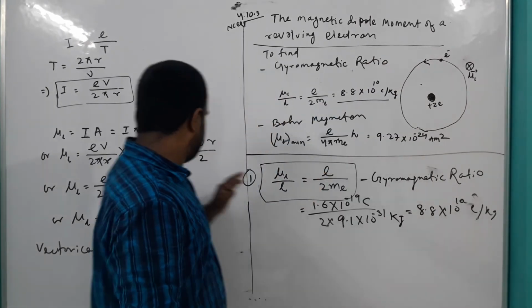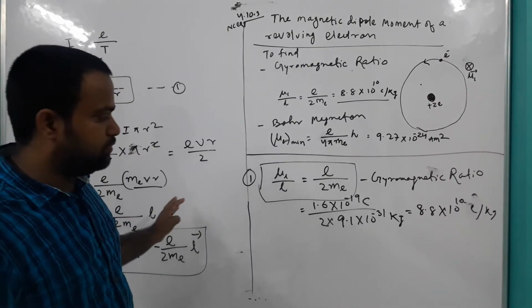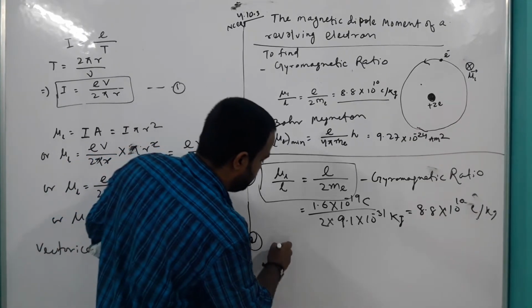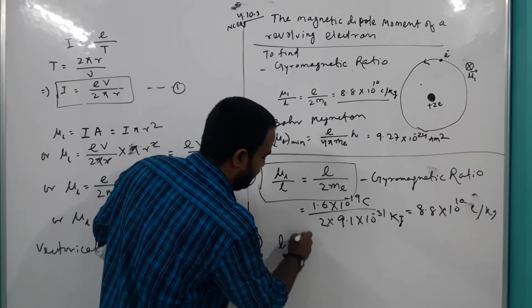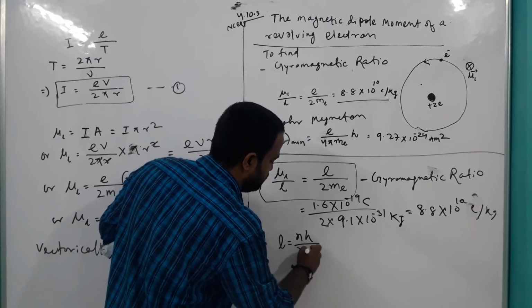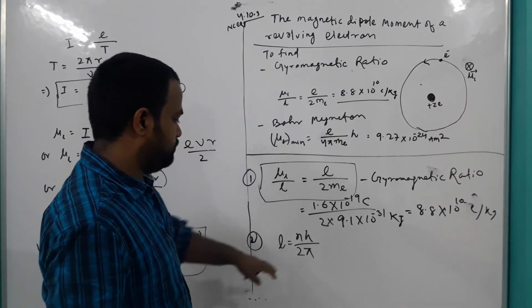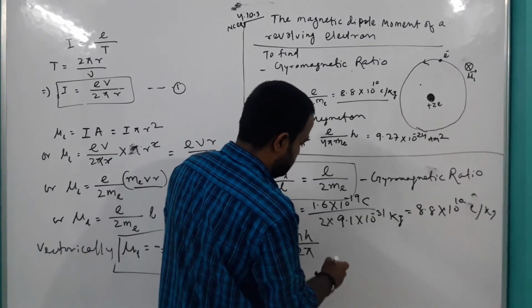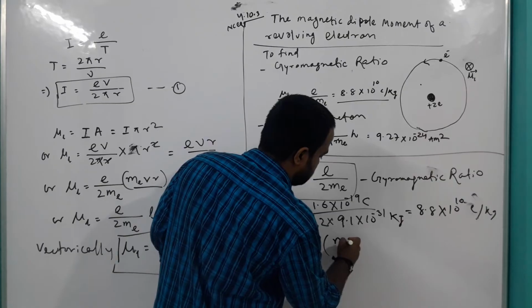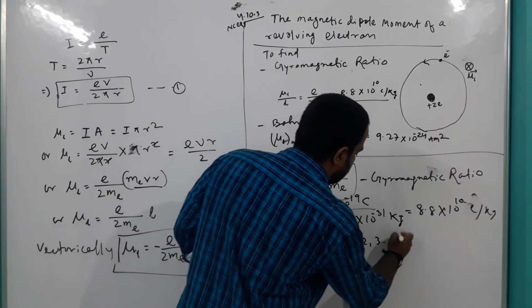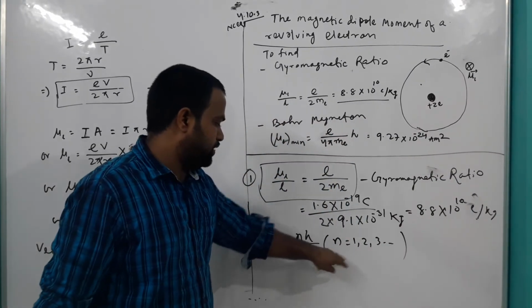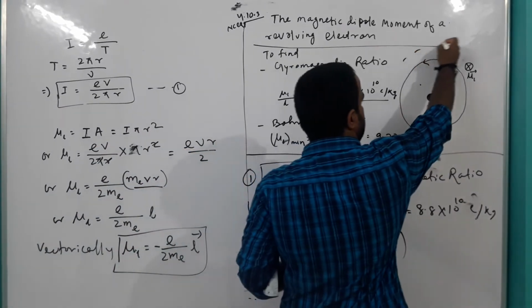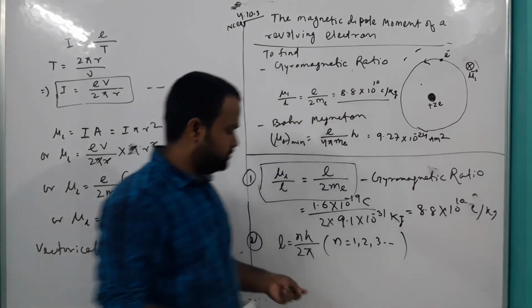So putting the angular momentum in this equation for atomic level, you can see that the L value is nh by 2 pi from Bohr hypothesis. n is a natural number, where n is 1, 2, 3. n equal to 1 is the first orbit, then n is equal to 2 is the second orbit.